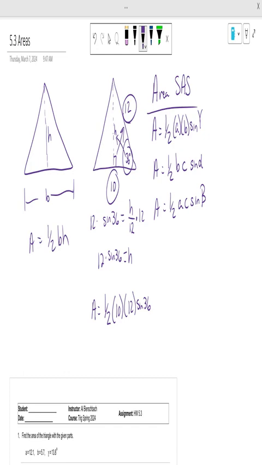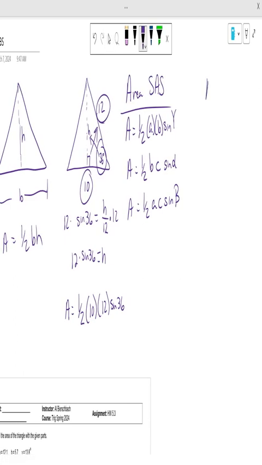So, not all the time will you have side angle side, so you might have to use the law of sines or the law of cosines to get side angle side. What if we have side, side, side? Well, there's this formula called Heron's formula. If you have side, side, side, you have an A, a B, and a C. So S equals A plus B plus C divided by 2.